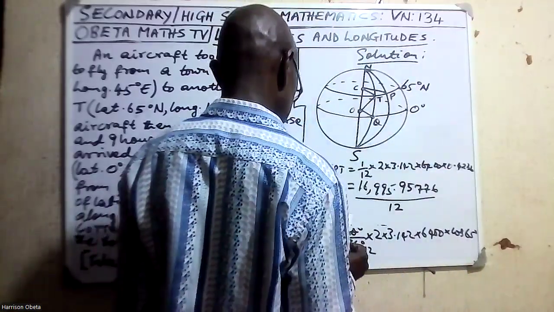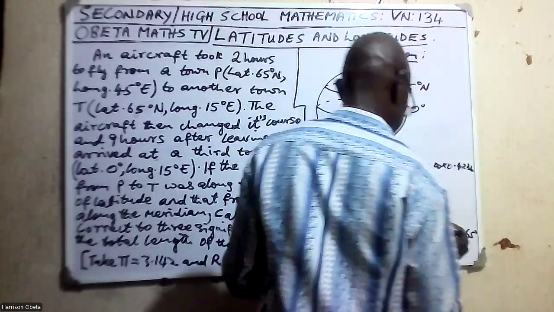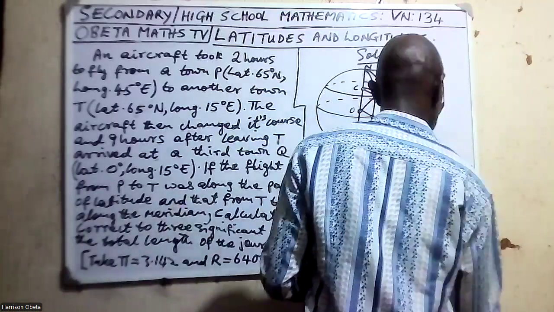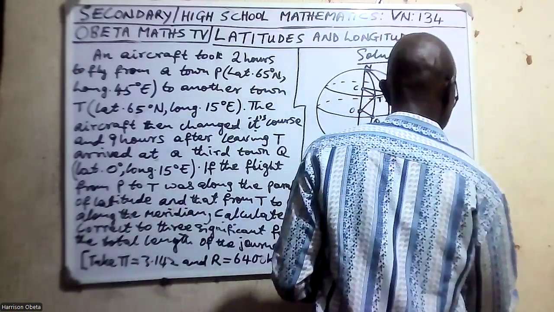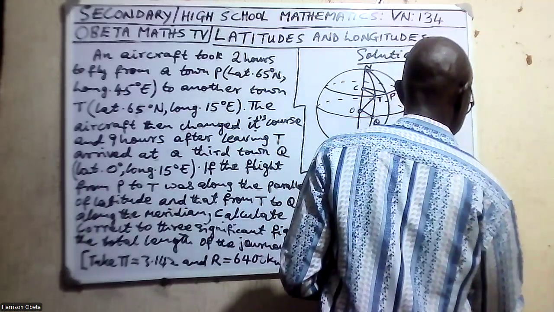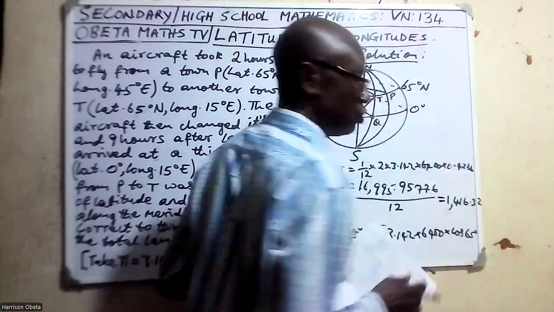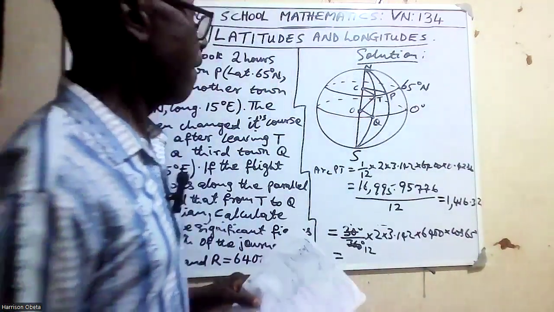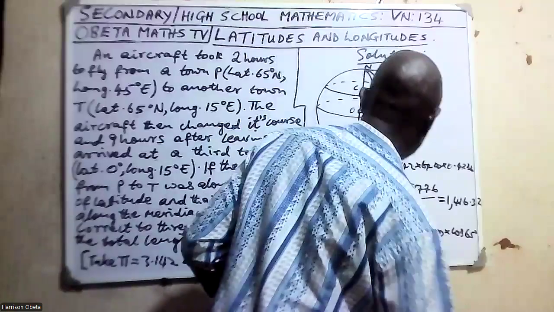And if you do that, you are going to have 1,416.32. So, moving on.